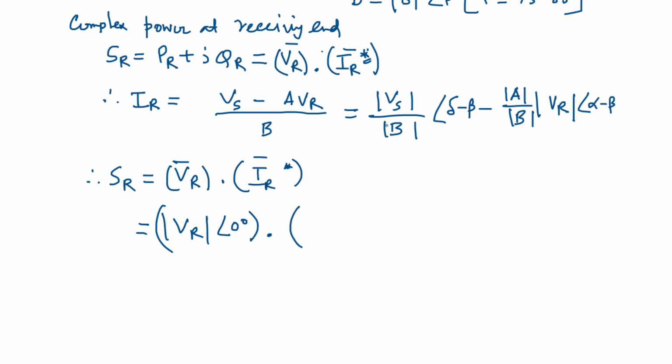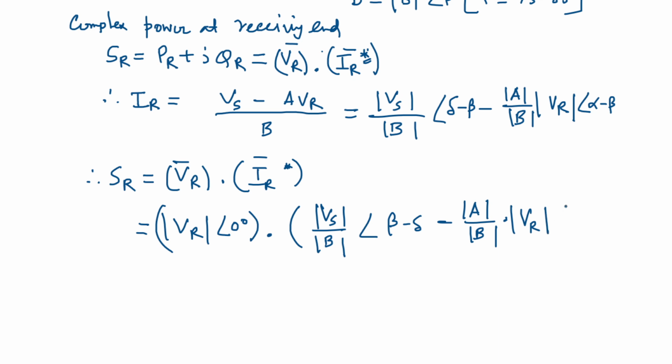Conjugate means these angles will be reversed, just 180 degrees opposite. So the first term will be Vs by B, and this angle will be beta minus delta, minus A by B into VR, angle beta minus alpha.